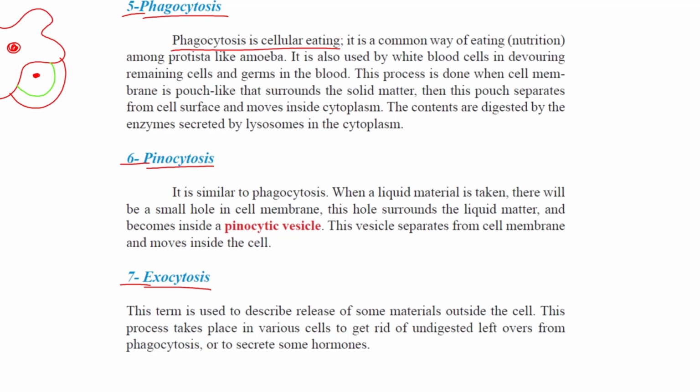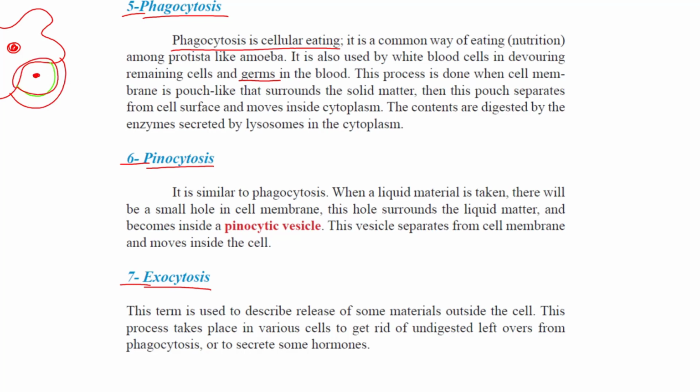As you remember again from lysosome, we said neutrophils, a kind of white blood cell, are rich in lysosomes because they have the function of phagocytosis, devouring, meaning eating germs and bacteria. This process is done when the cell membrane makes a pouch-like structure that surrounds the solid food matter.